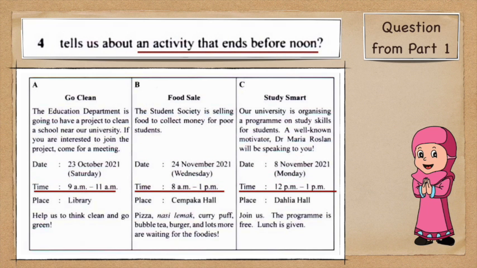Question 4. Which notice tells us about an activity that ends before noon? So the keyword is before noon. Noon is 12 p.m., so you need to find an activity that ends before 12 p.m. Notice A, the time is 9 a.m. to 11 a.m. Notice B, 8 to 1 p.m., that's afternoon already.